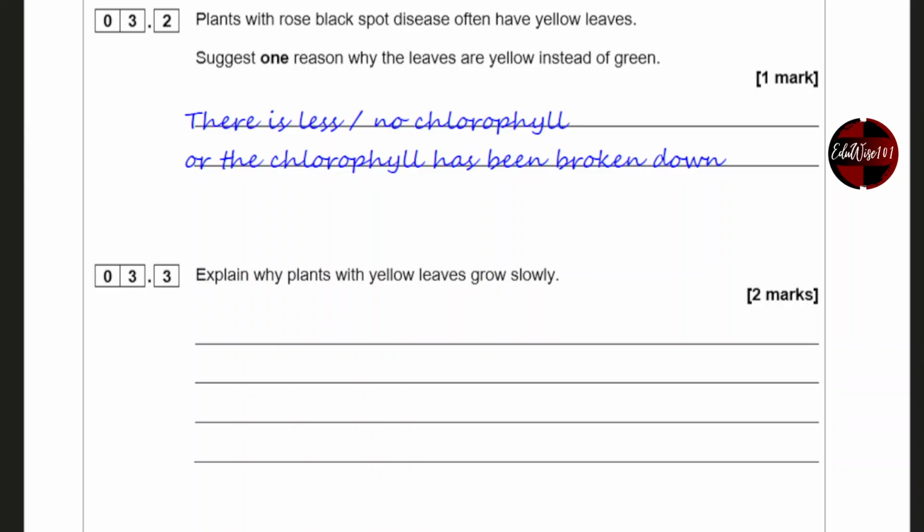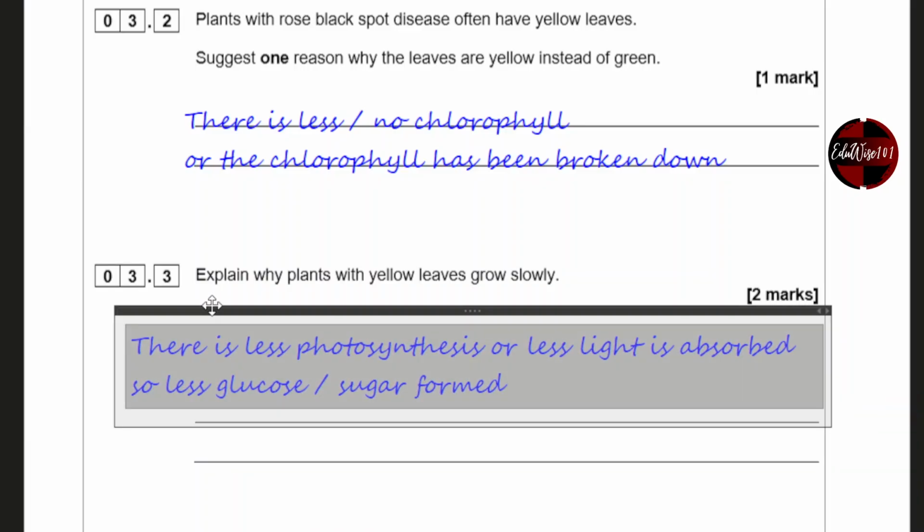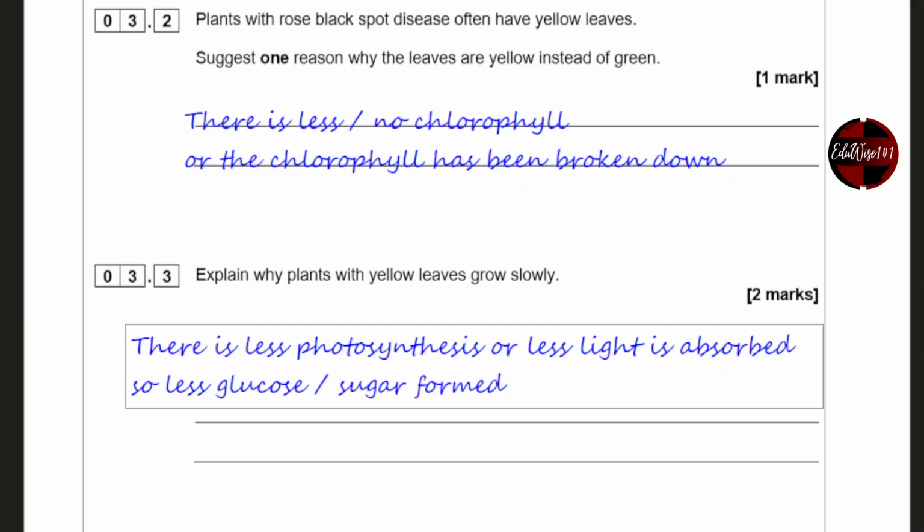So if the leaves are yellow, then that means there is less photosynthesis. For 2 marks, you need to say there is less photosynthesis, or you could say there's less light being absorbed, so less glucose is made.